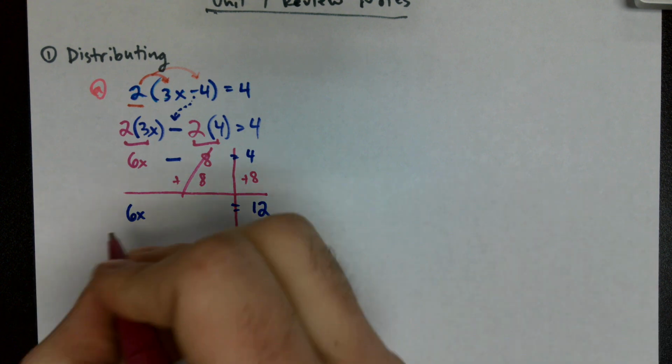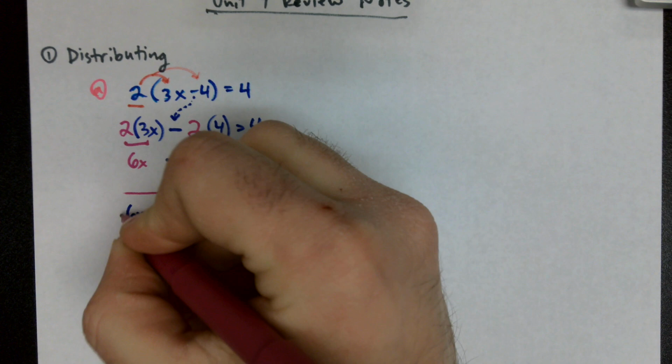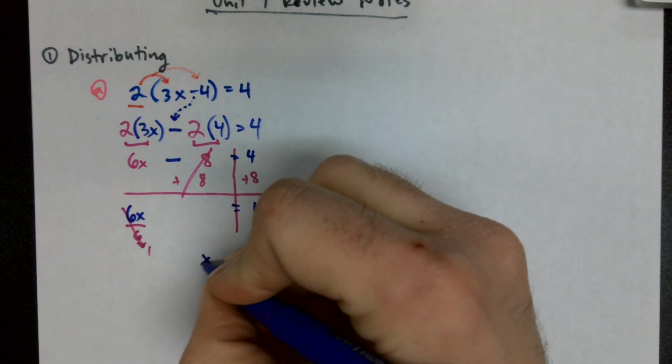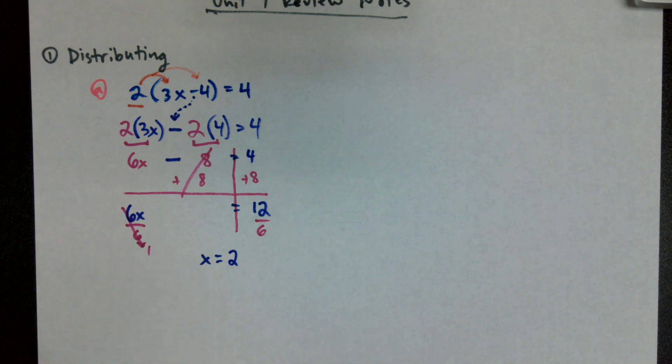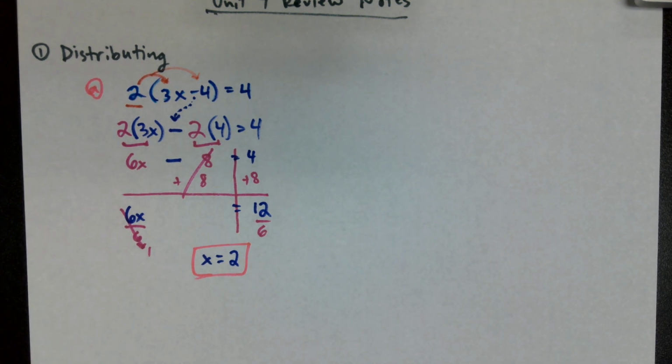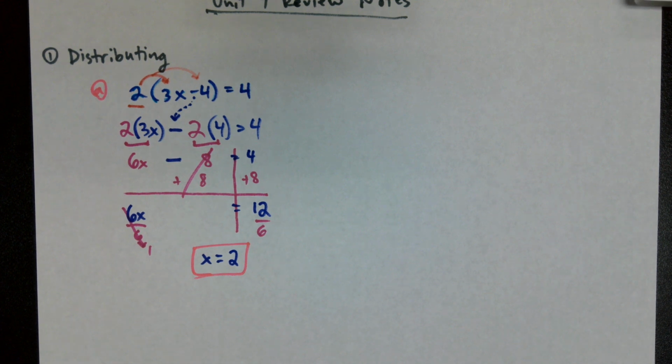Of course, our last step here is going to be dividing both sides by 6, leaving us with just x equals 2. 12 divided by 6 giving us 2, right? That right there is our distributive property. Again, it's the first thing you want to tackle anytime you see a confusing looking equation to solve.